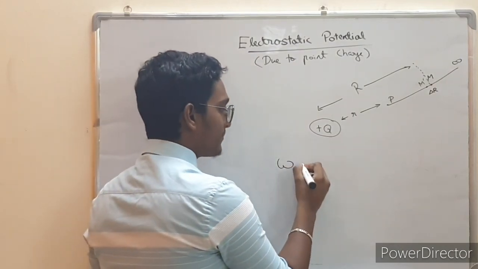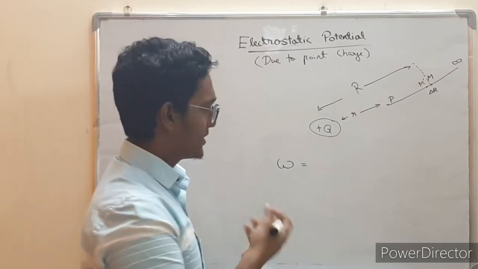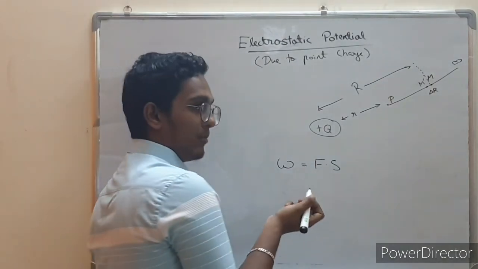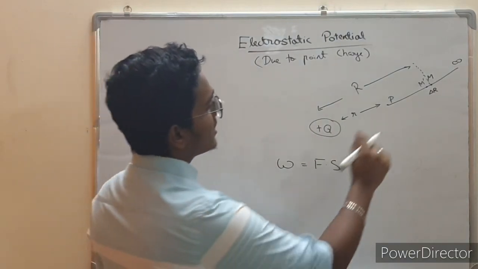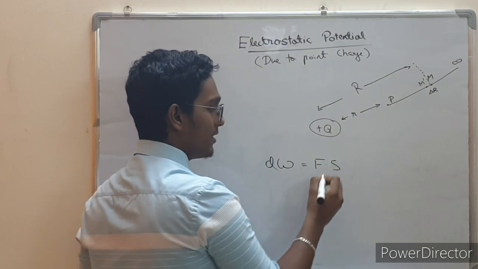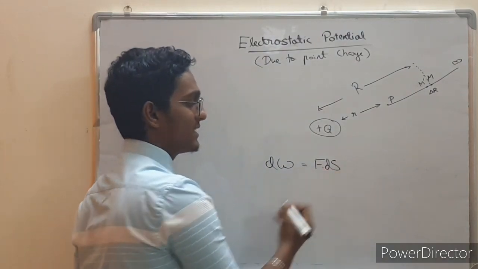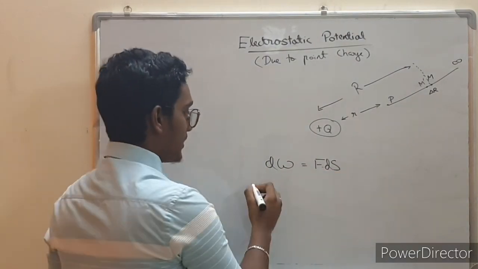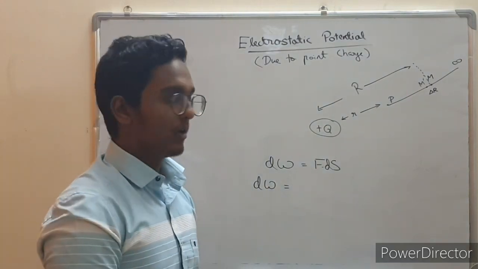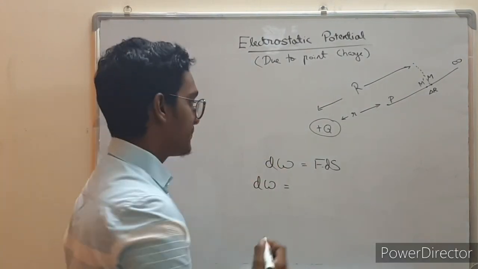The work done, you know the formula, is just force times displacement. But what about a small work done? Because they are moving it only by distance delta R, we are calling the small work done force into a small distance. So now let's substitute the values. What is the force? From Coulomb's law, K Q1 Q2 by R square.